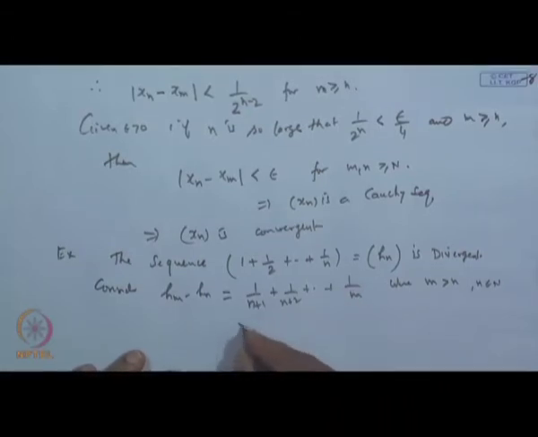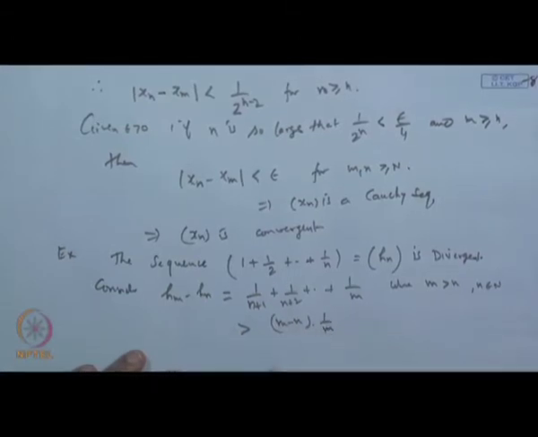So it is greater than the total number of terms, m minus n, times 1 by m, which is equal to 1 minus n by m.